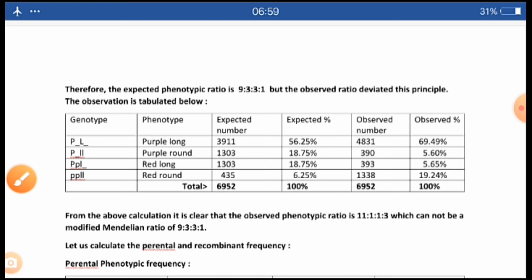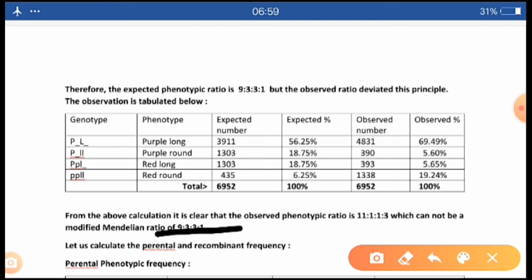Let us check the phenotypic ratio of F2. Our expected phenotypic ratio is 9:3:3:1.